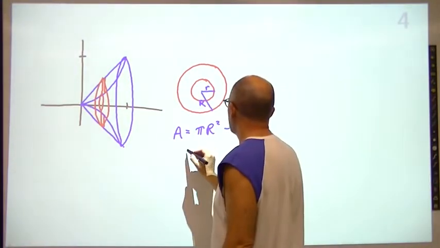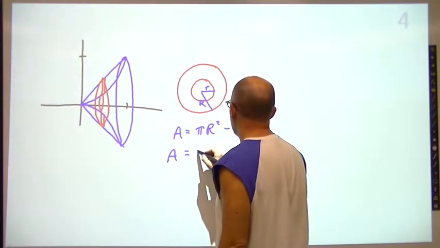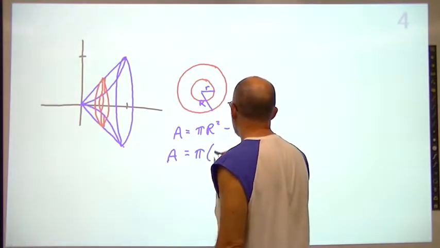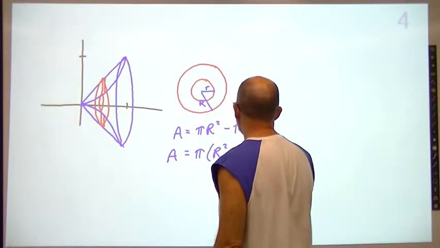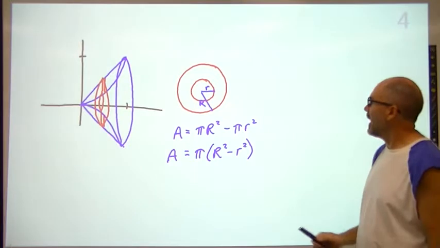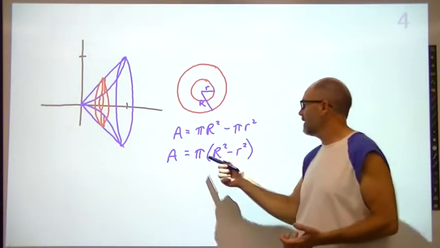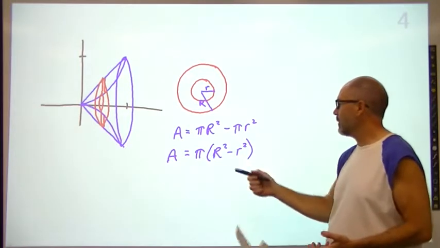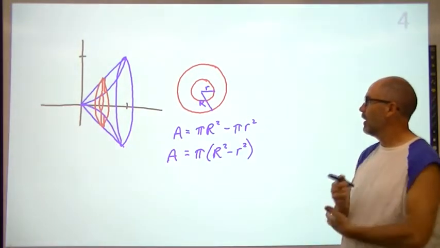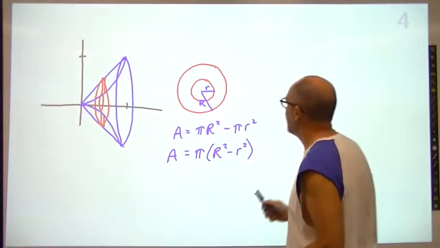So what we can do here then is factor out the pi, and we end up with capital R squared minus small r squared. So the area of this donut, or the area of this washer, is pi times capital R squared minus small r squared. Okay, now let's apply this to what we just did here.